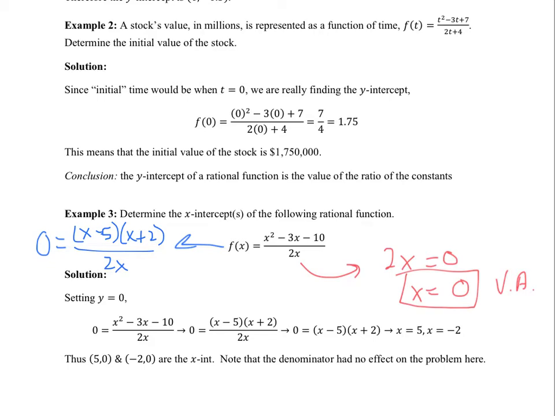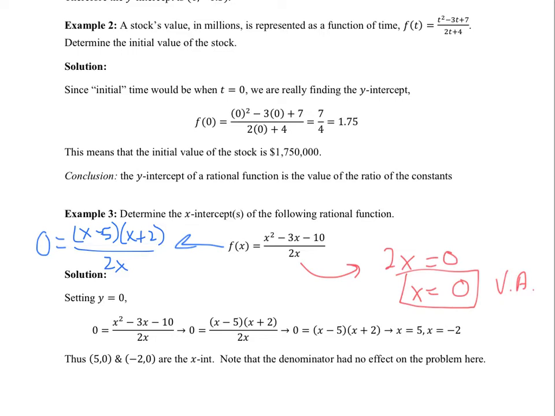So to find the zeros of a function, or the x-intercepts, or the roots of a rational equation, only look at the factors of the numerator. Now, if a factor in the numerator appears in the denominator, it's clearly what again? What's the word for that? There's a factor on the top and the bottom. What is it?